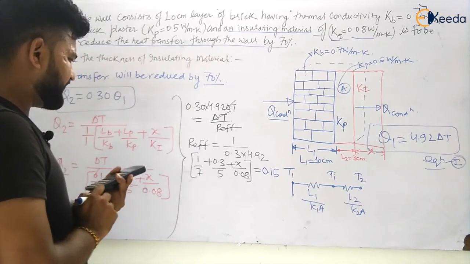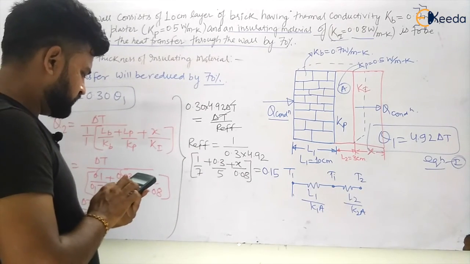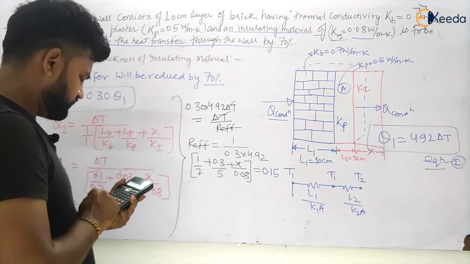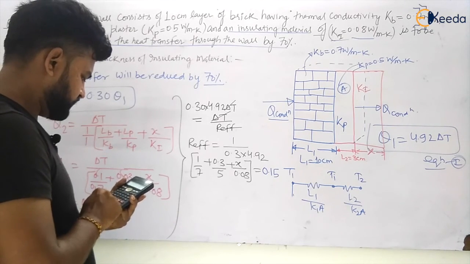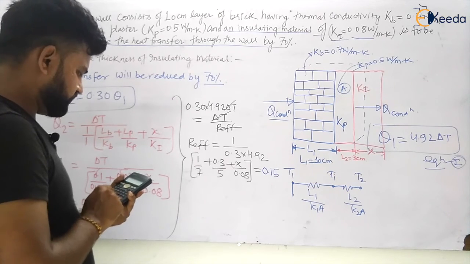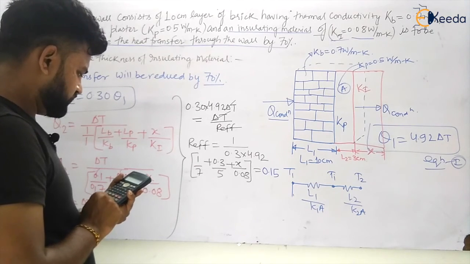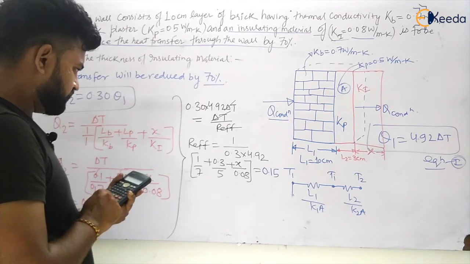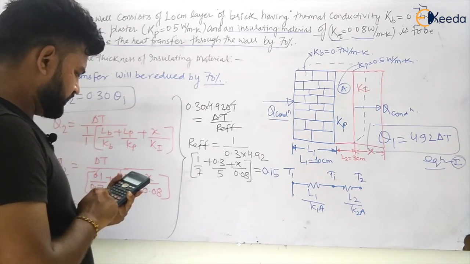So can we calculate X now? Yes, we can. So this is 1 divided by 7 plus 0.3 divided by 5. So X over 0.08 equals 0.15 minus this term, so X is this multiplied by 0.08.